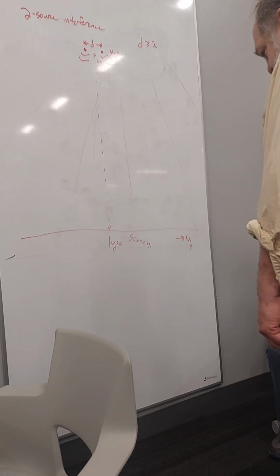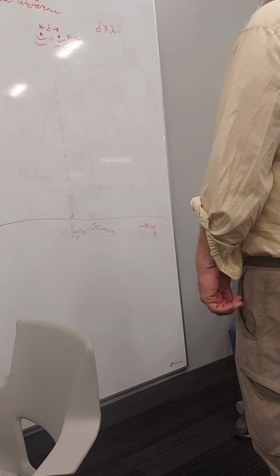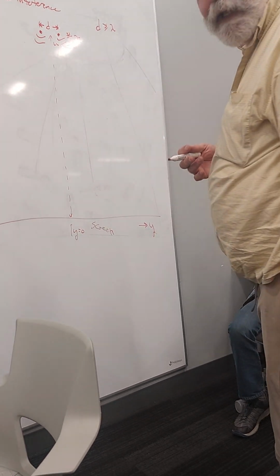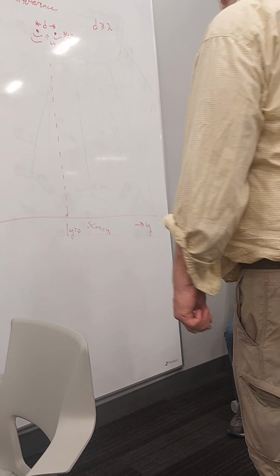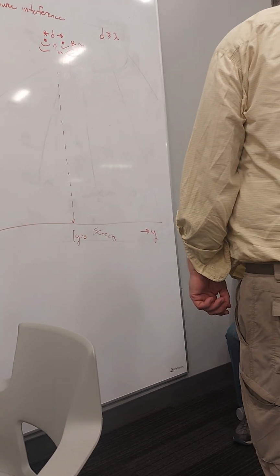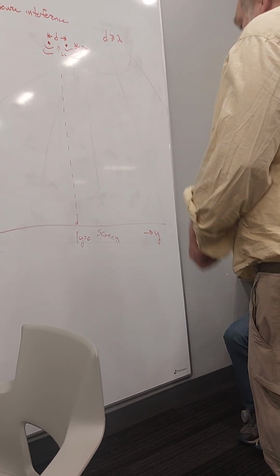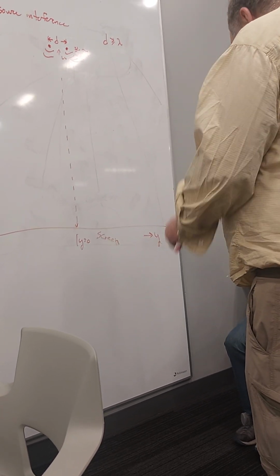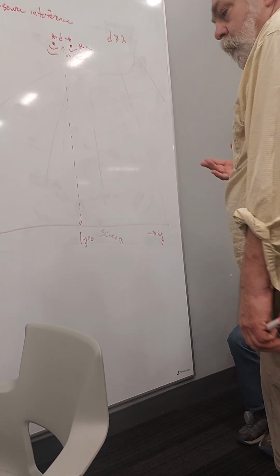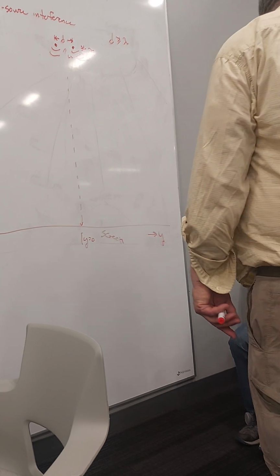Now, what radiates for light is the electromagnetic field. What radiates for sound is a pressure wave of some sort or other. And what we hear for sound, for example, is the oscillating pressure, right?